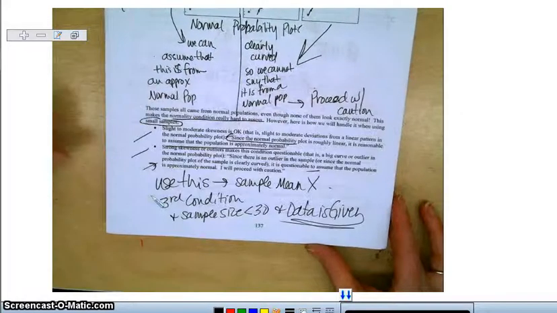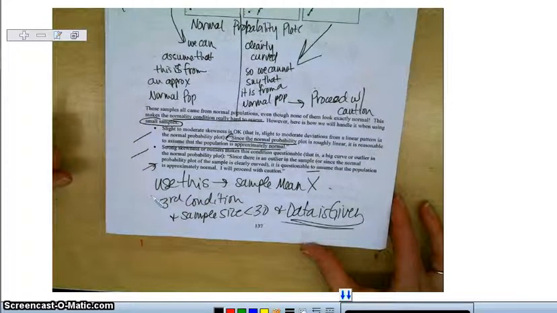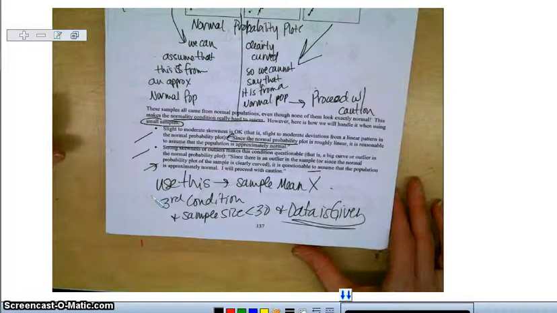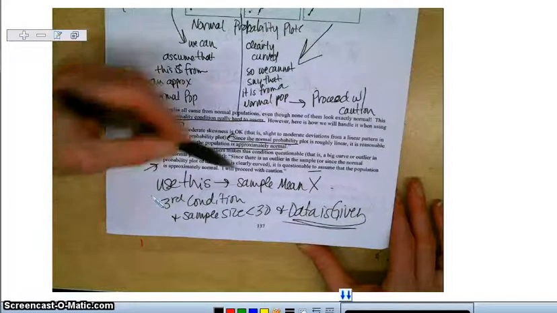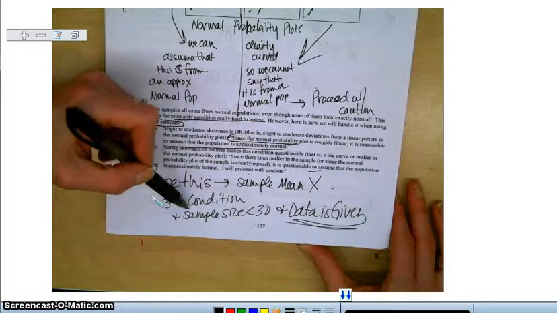I'll show you what I mean by the data is given on page 138 in our notes. So we're going to use this when we're dealing with the sample mean in the third condition when our sample size is less than 30 and the data is given.